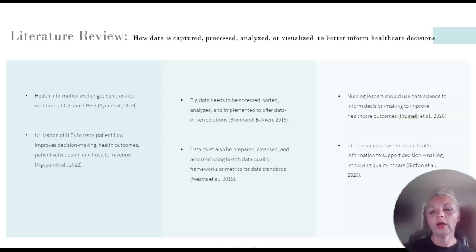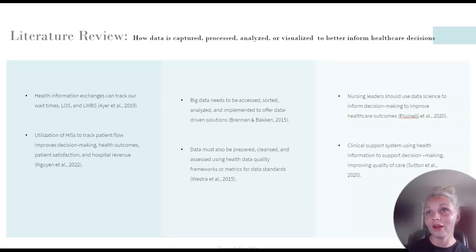Looking at the literature on how data is captured, processed, analyzed and visualized to better inform healthcare decisions, there is a lot of literature out there, including quite a few meta-analyses and systematic reviews.